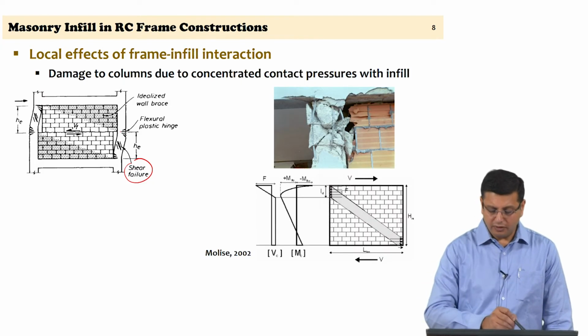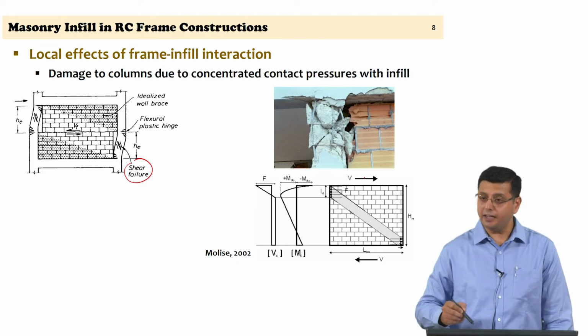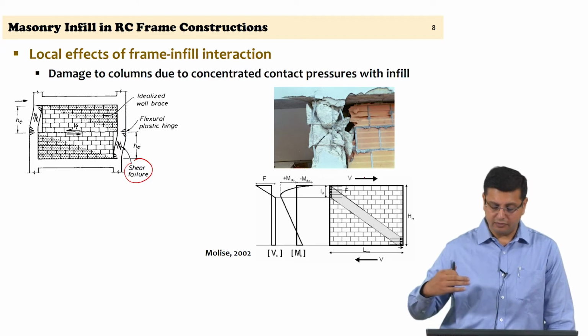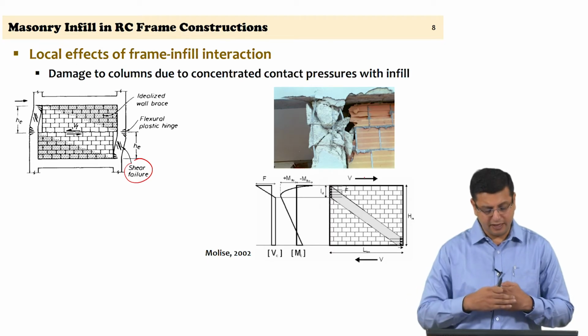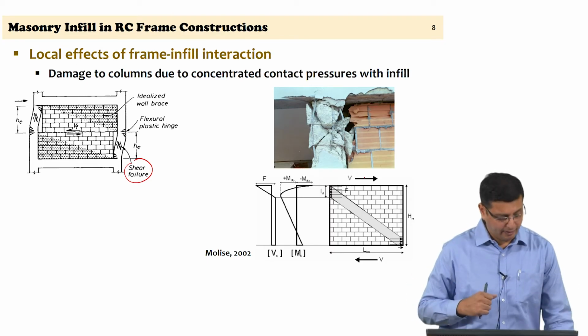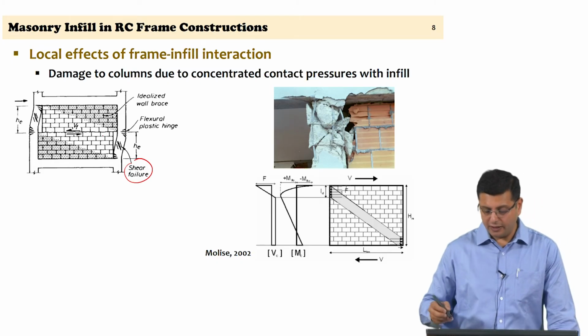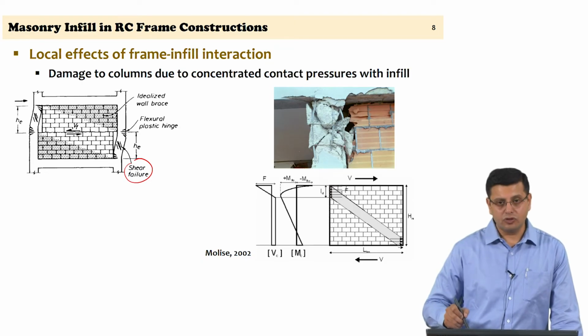So, this sort of a failure mechanism, what you see here is due to the contact pressure. In the figure on the left, the contact pressure is established and increased deformation to the frame is occurring after sliding failure of the panel itself. The figure on the right is when an effective strut is formed, you have contact of the infill panel with the reinforced concrete column.